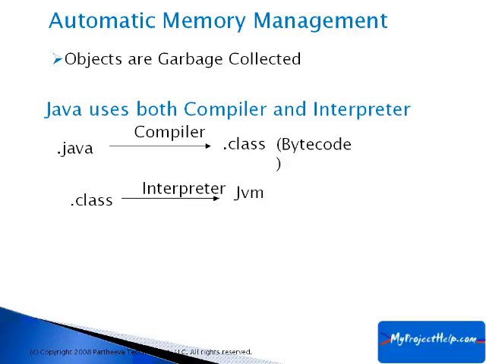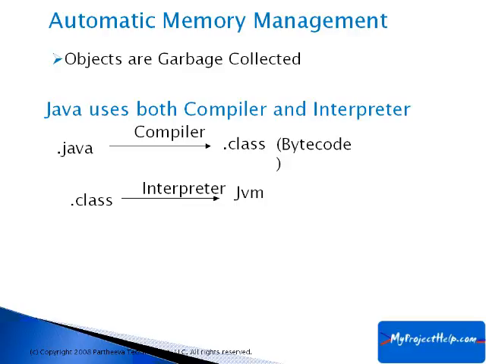Another feature of Java is that it is both a compiler and interpreter. What does that mean? When we write any Java program, the source code has to be saved with a .java extension. So any source code or any Java program we write, we need to save it with a .java extension.